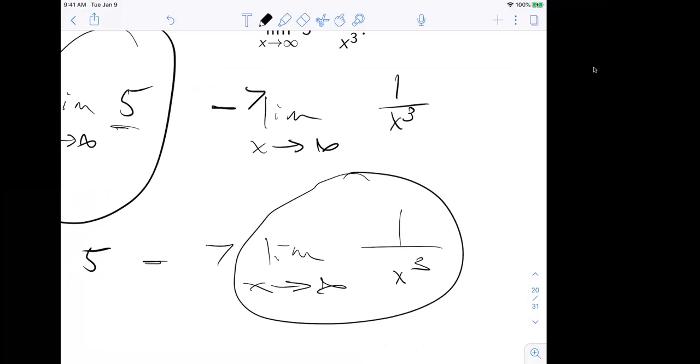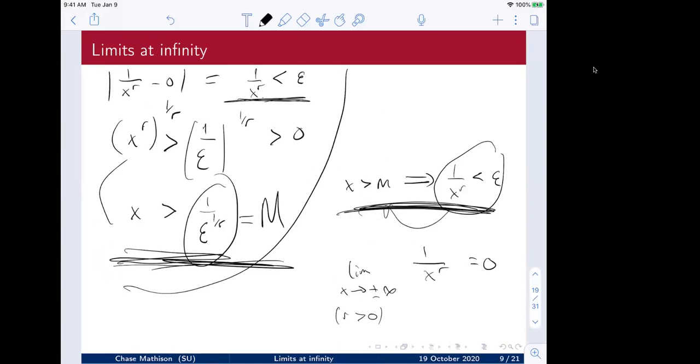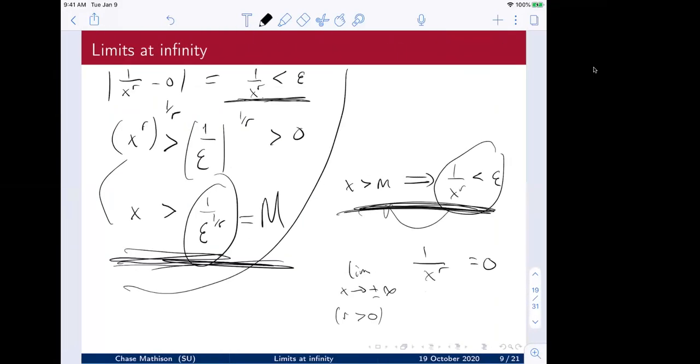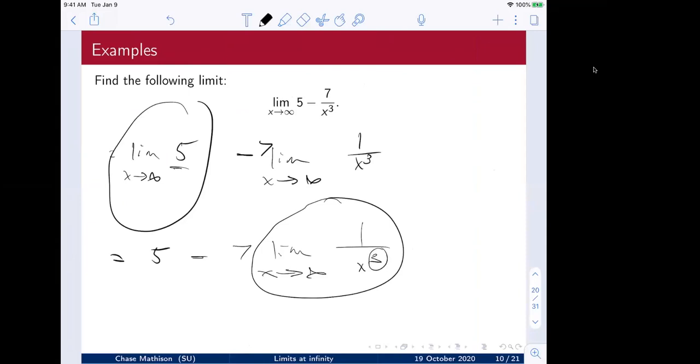Is this related to that limit I just proved? Yeah, with r equal to 3, right? So what is this? What is that limit?